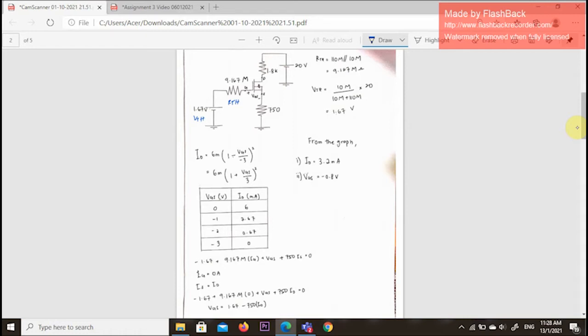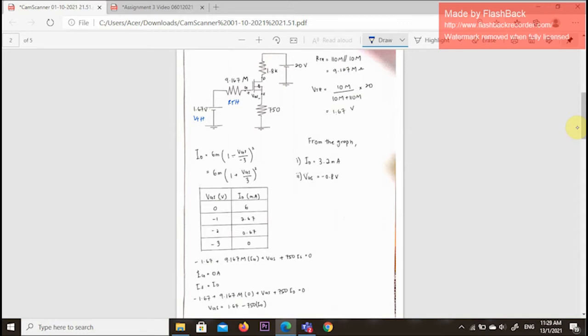Since we need to plot the graph, we need at least 3 or 4 points so we can get an accurate graph. The more points we take, the more accurate the graph will be. The values of VGS that I choose are 0, -1, -2, -3.